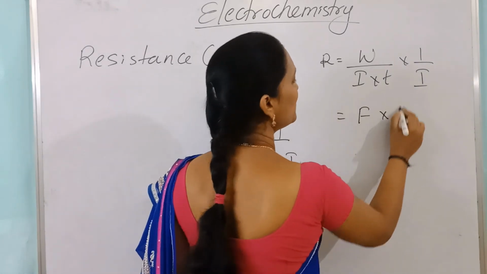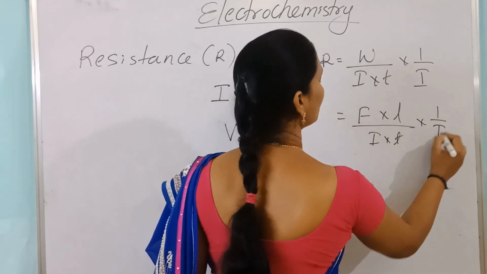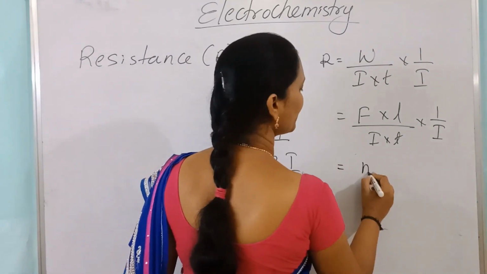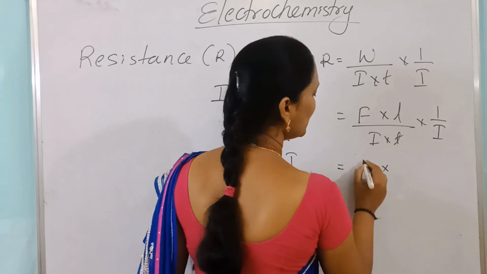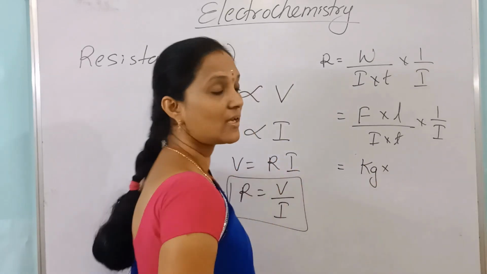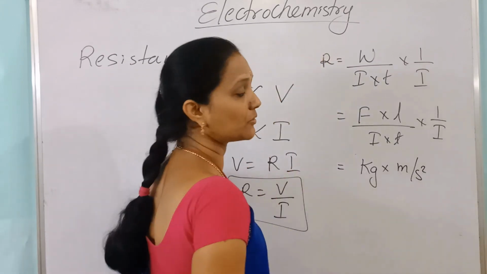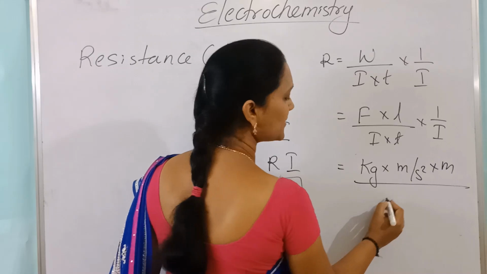Force into distance, by I into T into 1 by I. Force means mass into acceleration. Mass is in kg, acceleration is in meter per second square, and length is in meters, divided by amperes.